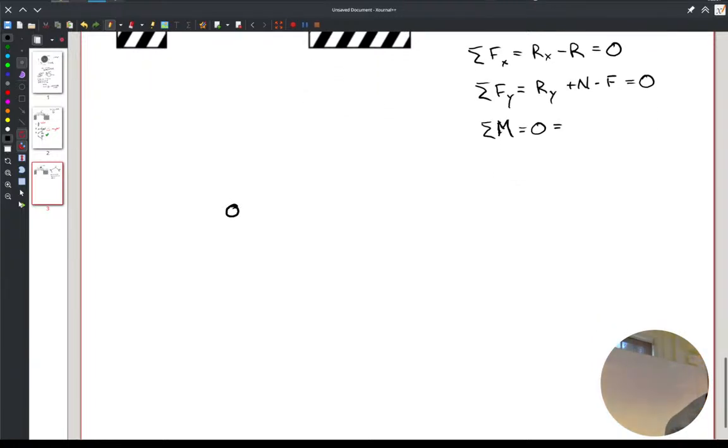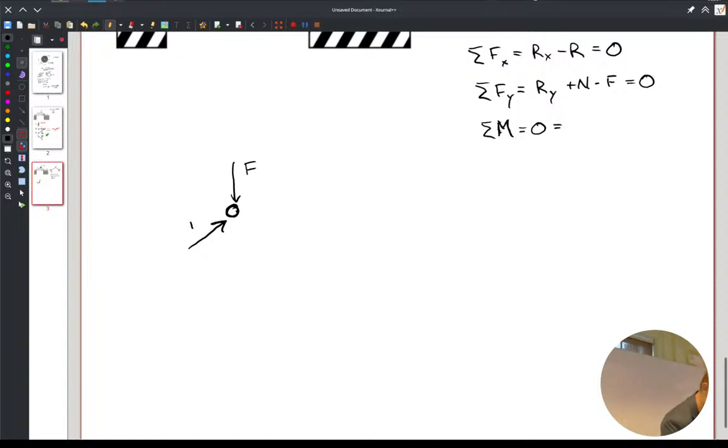Because of that, I can just look at that pin and say this F, and some kind of internal reaction force from that bar.